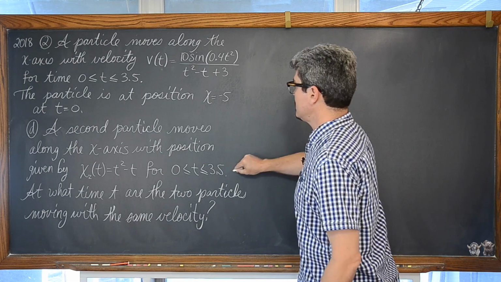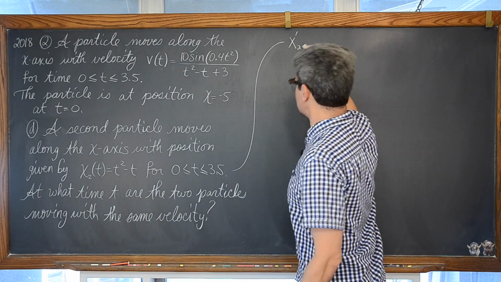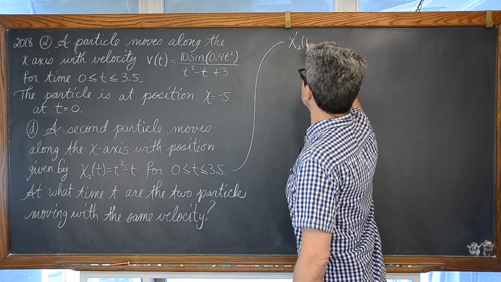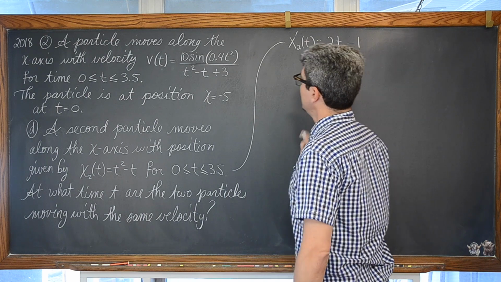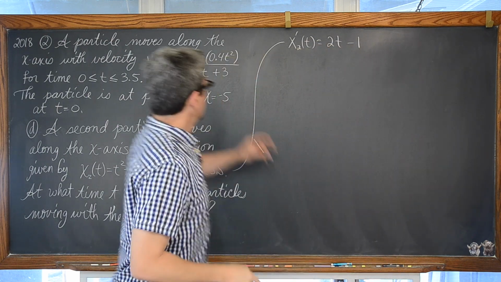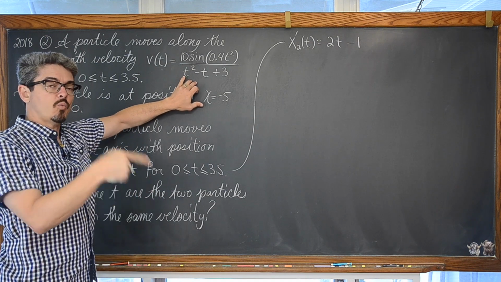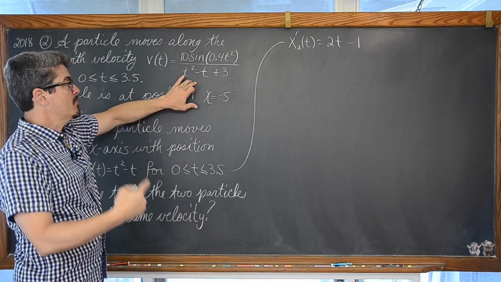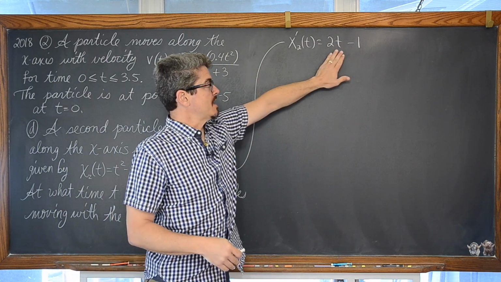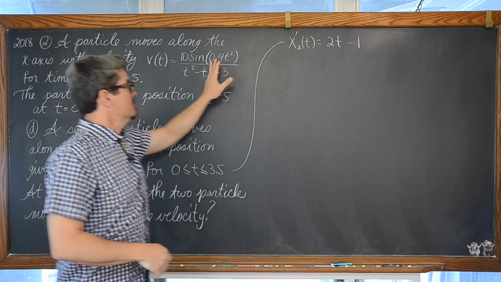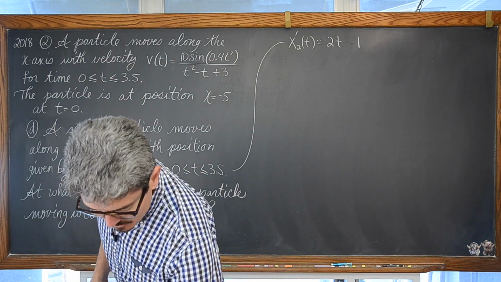So we just need to say, okay, well, x prime sub 2 of t is equal to 2t minus 1, and remember, we should already have this typed in the calculator for y sub 1, so we can just keep recalling that memory location through the previous parts of the question. We're just going to type this into y sub 2, graph these two functions, find out where they intersect, and well, that's the answer.